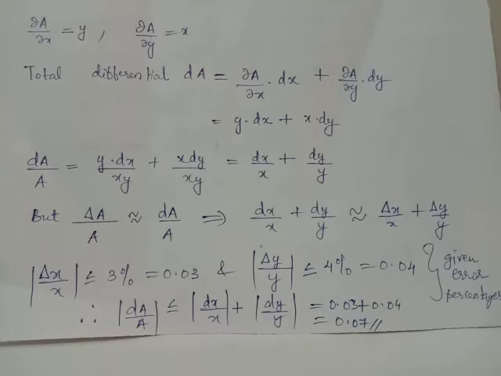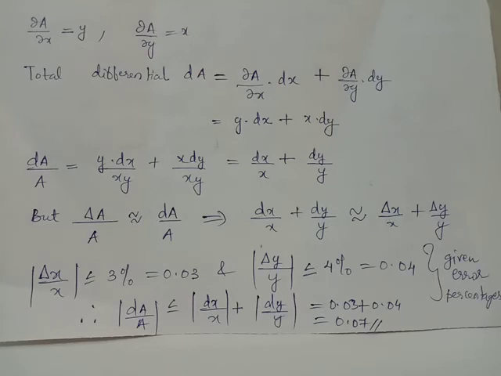Since 3% is the maximum possible error associated with measurement of length, we have the error associated with measurement of length equals change in length value upon original length value, which is modulus of delta x by x, which can assume a maximum value of 3%. Similarly, the maximum value possible for error associated with measurement of width is given by delta y by y, and we have modulus of delta y by y is less than or equal to 4%. 3% equals 0.03 and 4% equals 0.04.